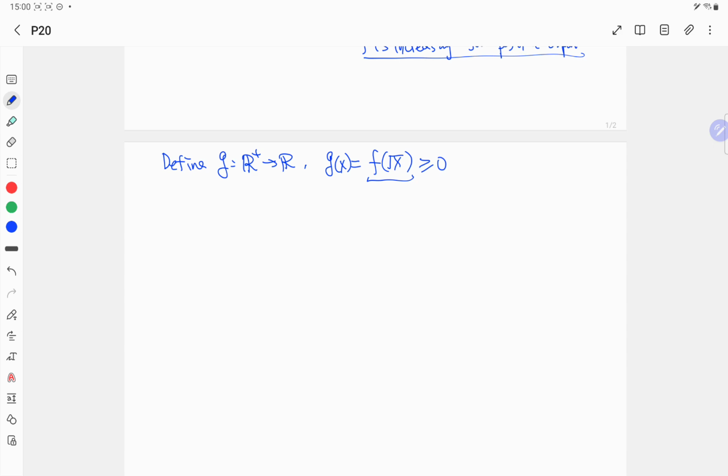Okay, so here we have x and y to be positive real numbers, so we have g of x plus y quantity squared, and then according to the definition we have equals f of square root of x plus y, quantity squared.